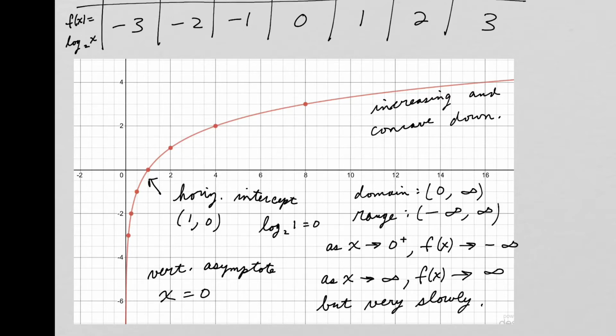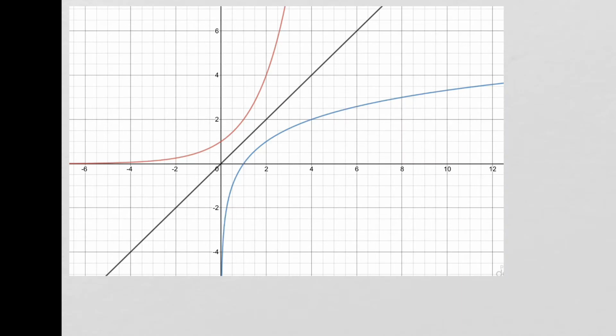Okay. Another thing, remember that when you plot a function and its inverse, they're going to be reflections about the line y equals x. So if I plot 2 to the x and I plot this function log base 2 of x, they should be reflections about the line y equals x. Let's actually look at that. Let me show you that. I'll make another graph. Okay, so we can see that here.